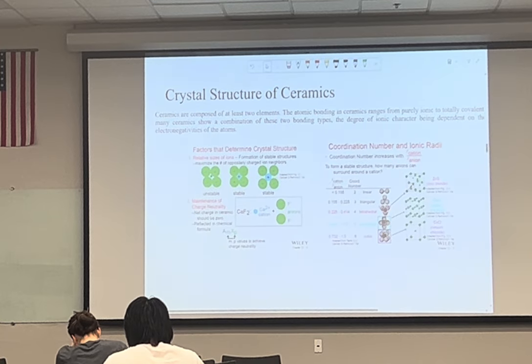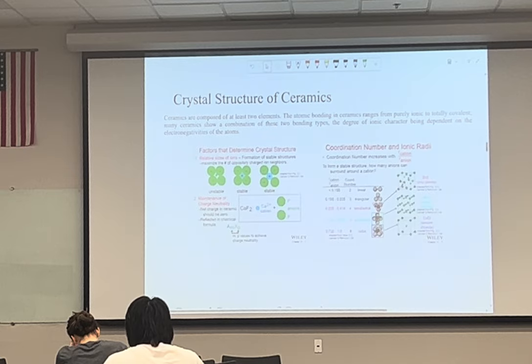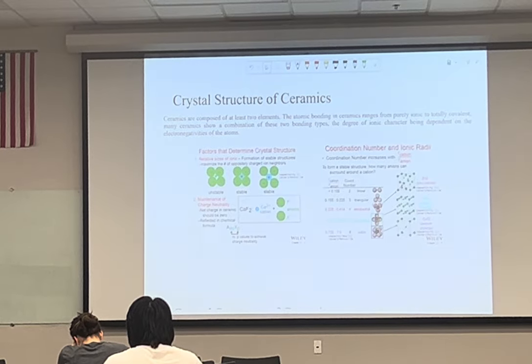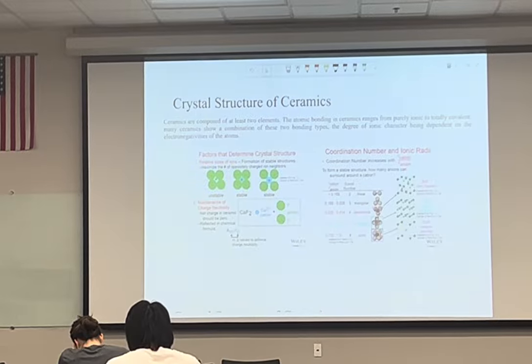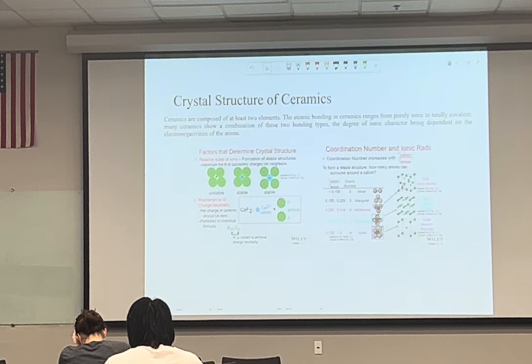To determine the crystal structure of our ceramic, there are a few factors we have to look into. First is the size of ions. Most anions are much larger than cations, right?